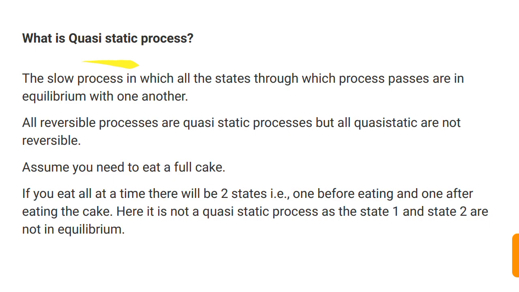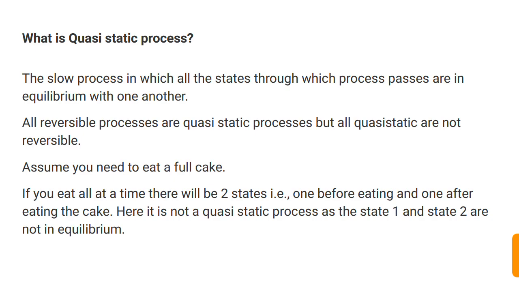All reversible processes are quasi-static processes, but all quasi-static processes are not reversible. This can be asked in an MCQ. So remember, guys, all reversible processes are quasi-static, but not all quasi-static processes are reversible. And you can define quasi-static as the slowest process.